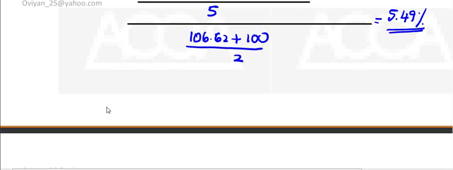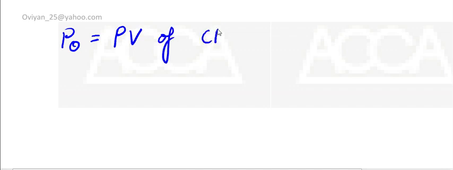You're going to get $5 for the first year. Okay, put it this way, let's go one by one. What's the value? Let's write: you must write price is equal to the present value of the cash flows.